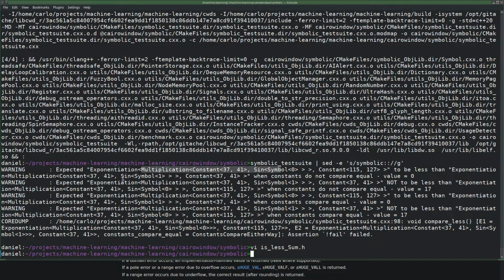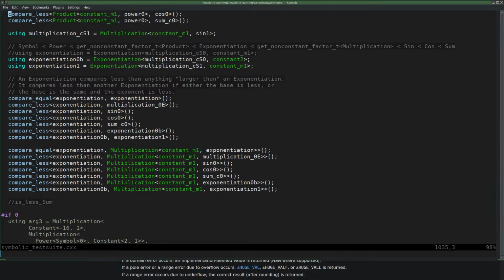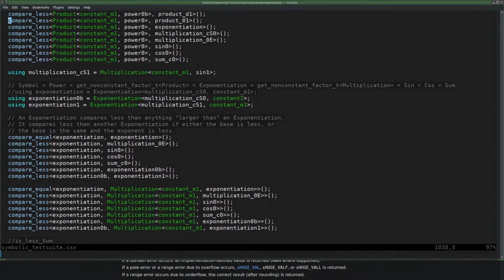Wish I could find the bug, which one this is. Probably the exponentiation of different bases. Should be able to find that back. One of these two.